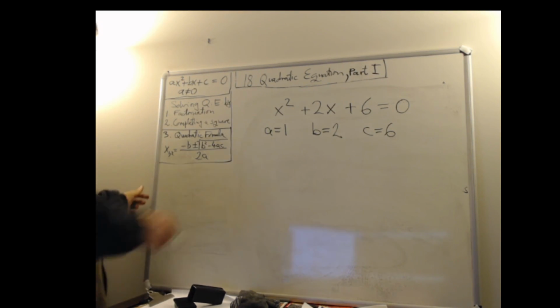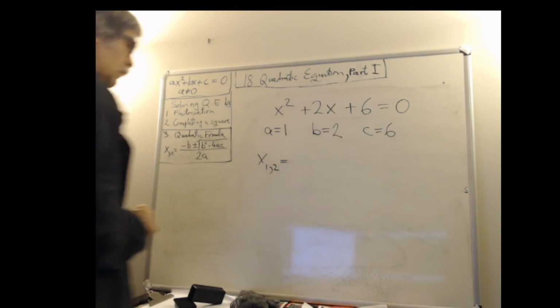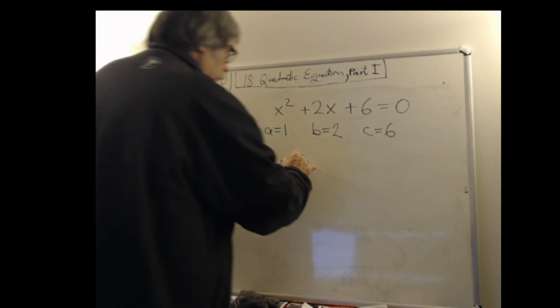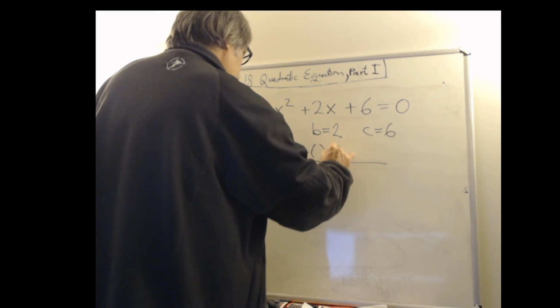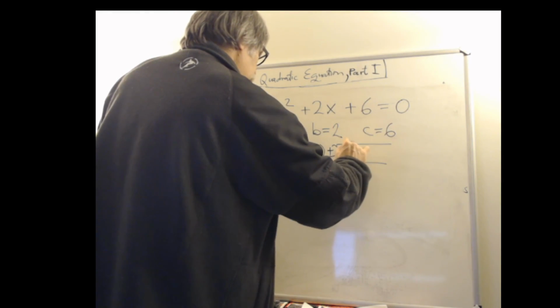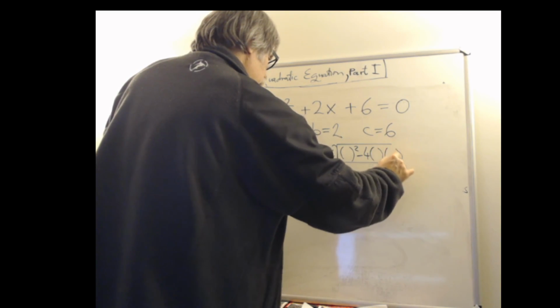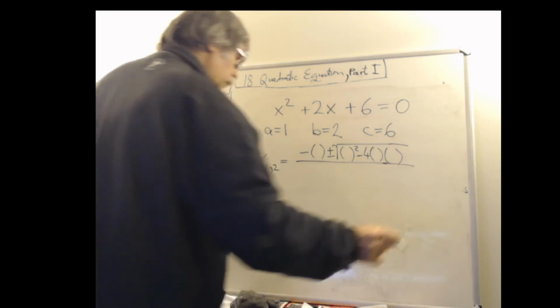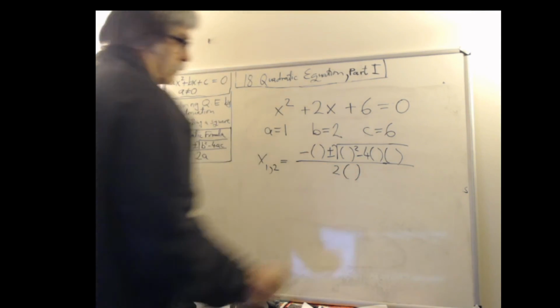And then the quadratic formula. The quadratic formula works this way. Minus b plus minus radical b squared minus 4ac, I'm using containers, divided by 2a.